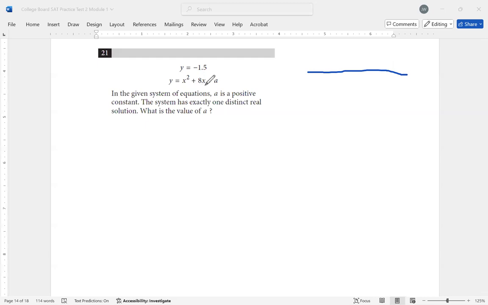X squared plus 8x plus a is a quadratic equation, and therefore it's going to give me a parabola. Now, the parabola could pass through a horizontal line in two spots. If it did that, it would give me two different real solutions to this system of equations.